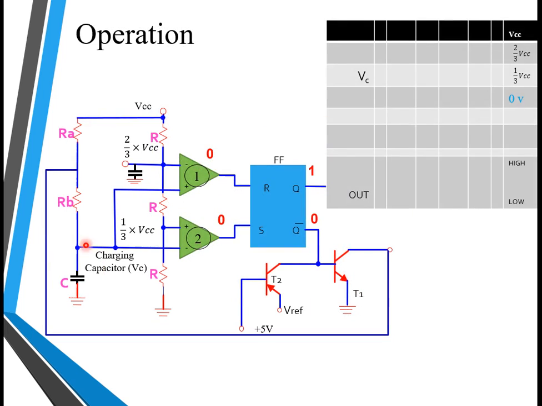Let us assume that the previous output of the flip-flop is 1. So as flip-flop Q is 1, that means Q bar is 0. As Q bar is 0, that means transistor T1 is off. So now the capacitor is charging through this path. Here the yellow path is shown.